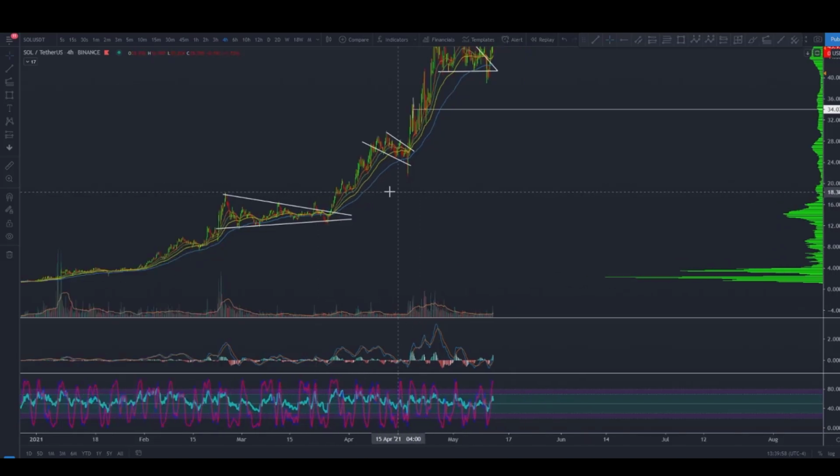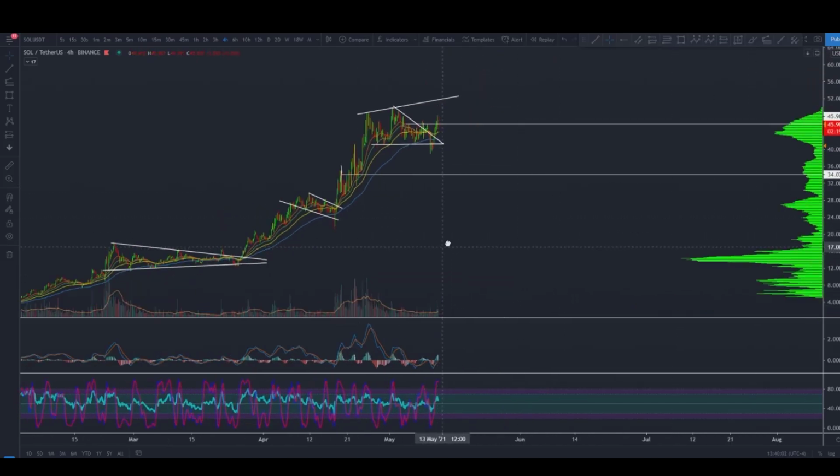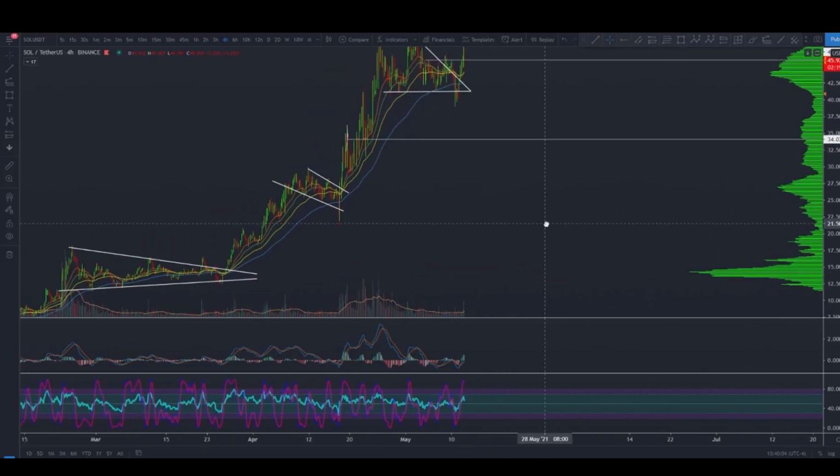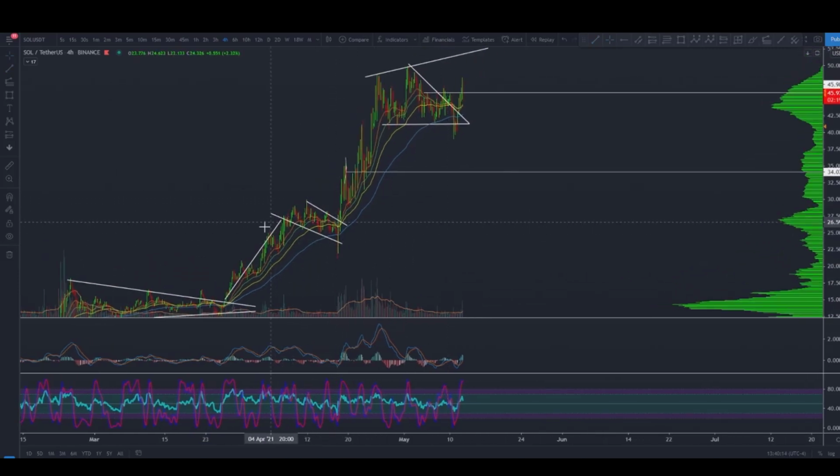Then we went back down and formed another pattern, again looking for a breakout. So far, a nice bull flag as well. We went all the way above, then went sideways for a bit in a downward channel. The majority of traders would be waiting for another breakout at this time. Boom, we take it, and it takes us exactly close to that region.